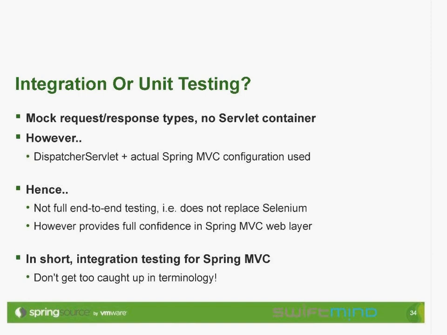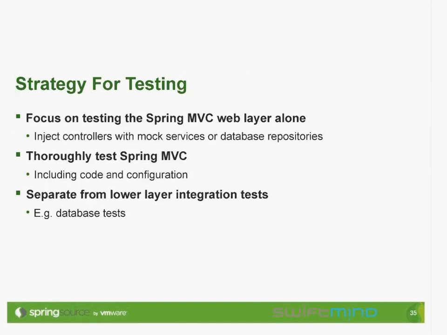So in short, let's say that Spring MVC test is dedicated integration testing for Spring MVC. But of course, at the end of the day, these are just terms, and there's no need to get too caught up in them as long as we understand the principle.